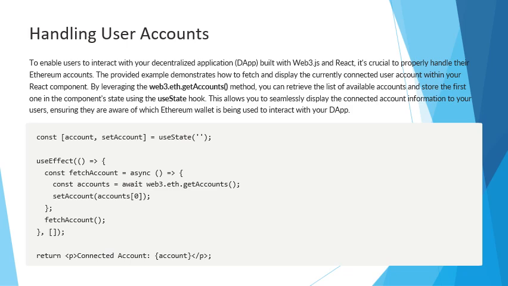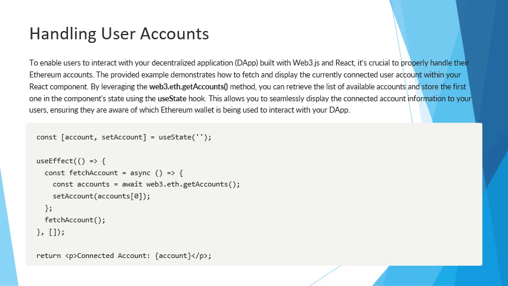To enable users to interact with your dApps built with Web3.js and React, it's very important that we properly handle their Ethereum accounts. The example here demonstrates how we can fetch and display the currently connected user account within your React component.